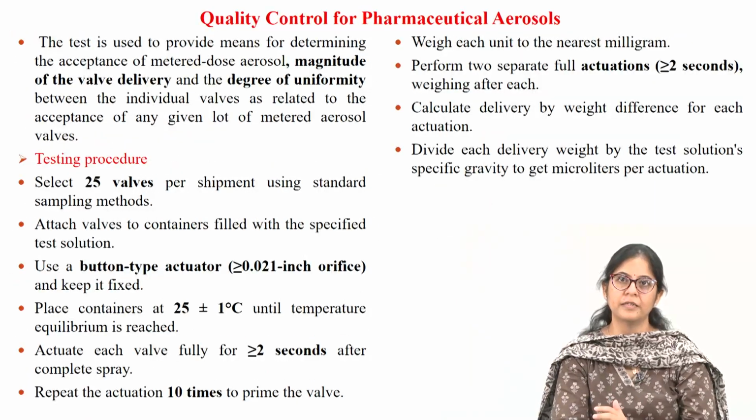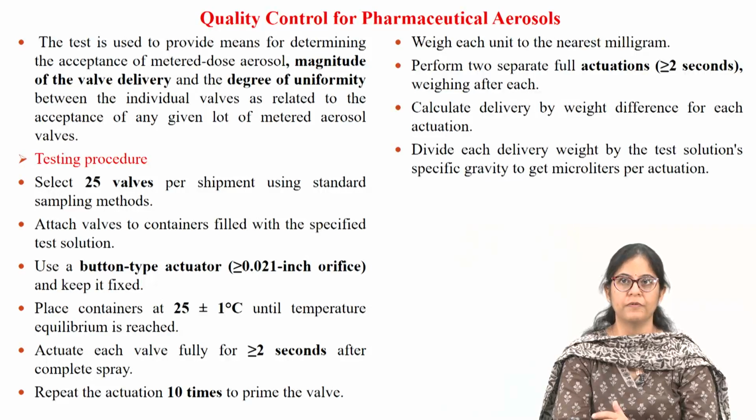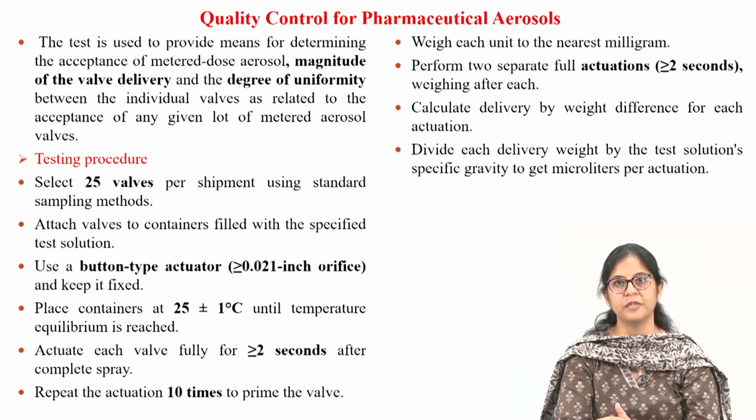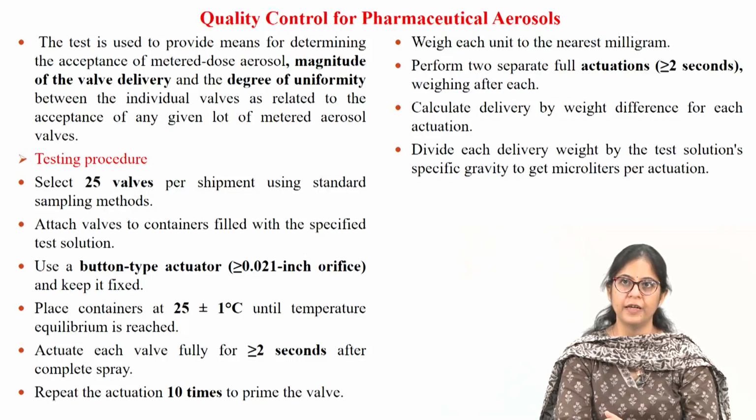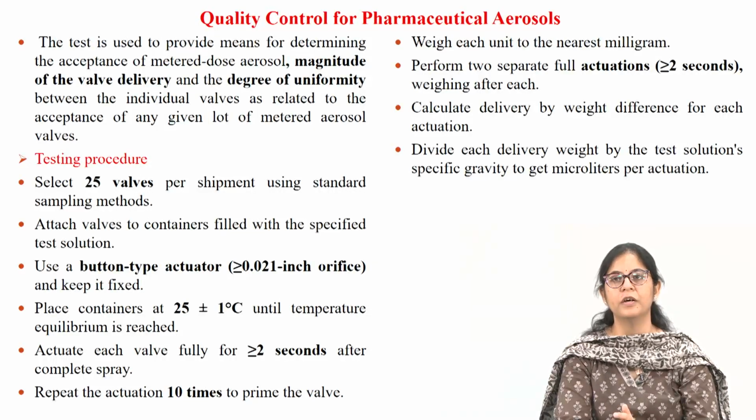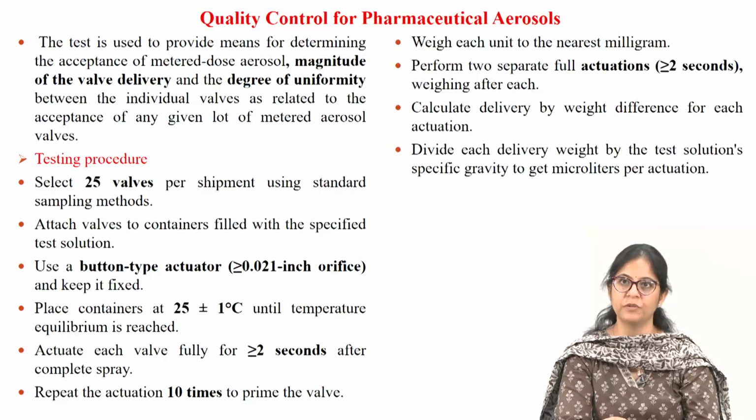Then the test which is used to provide means for determining the acceptance of metered dose aerosol, the magnitude of valve delivery and the degree of uniformity between the individual valves as related to acceptance of any given lot of metered aerosol valves is compared. So, the testing procedure involves selecting 25 valves per shipment using standard sampling methods.